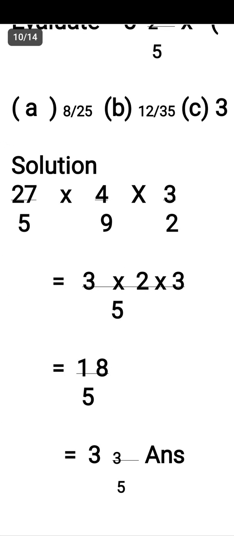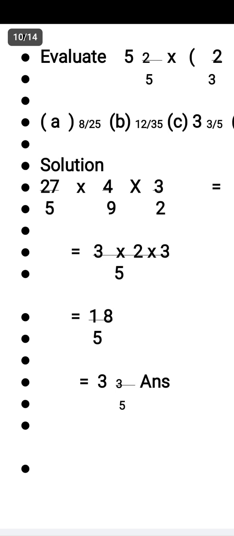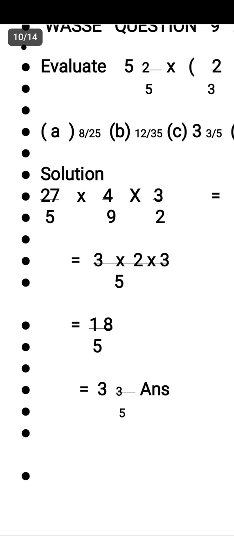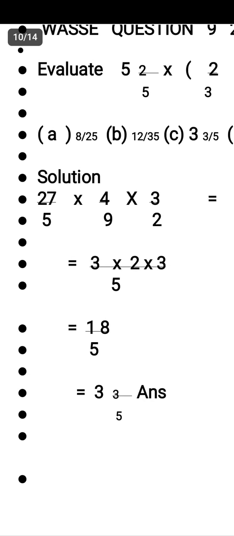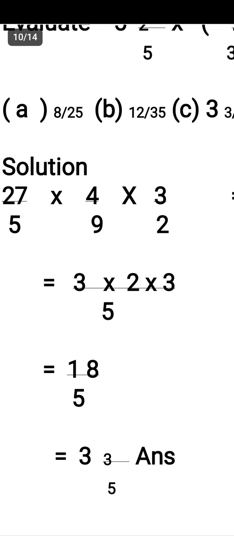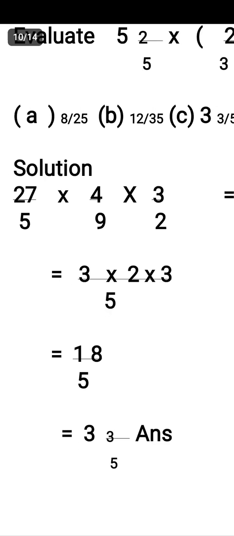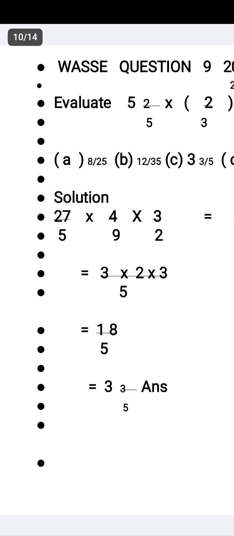Because any number raised to a negative power is the reciprocal or the inverse of that number. And because we are dividing here, and to divide a fraction is to take the inverse or reciprocal of the second fraction, that is why this 2/3 now becomes 3/2. You are correct.